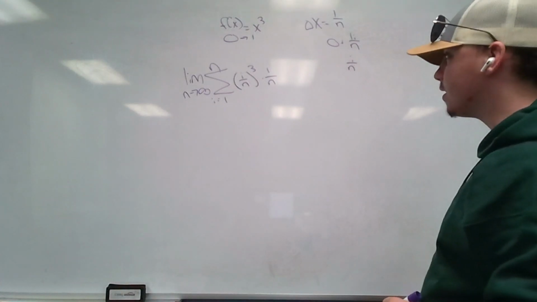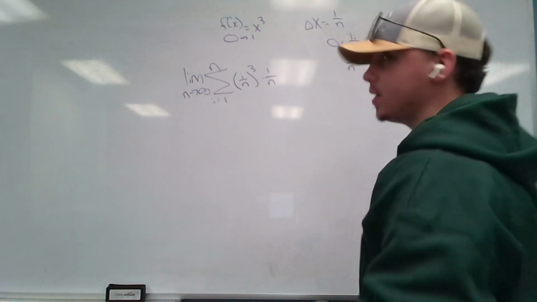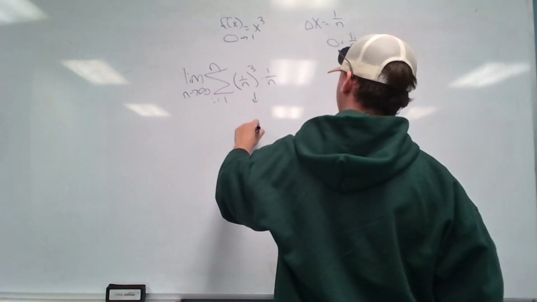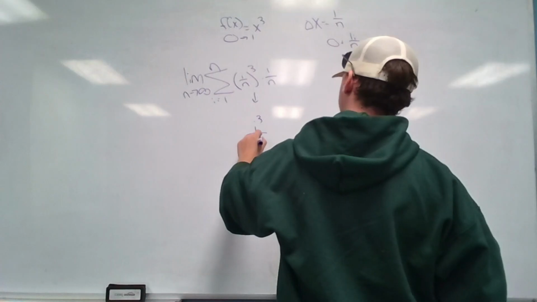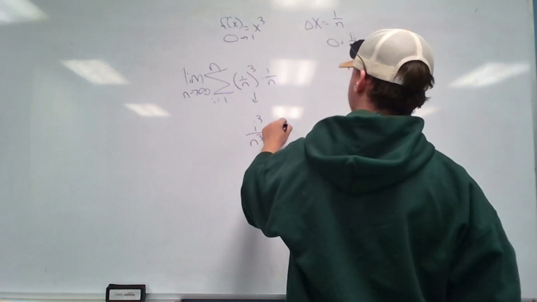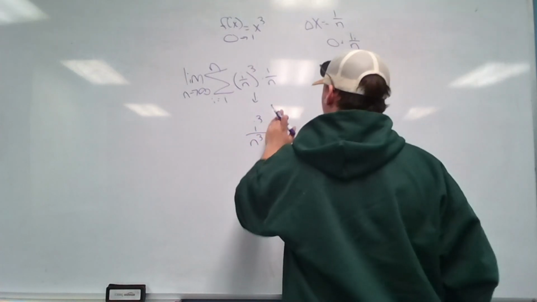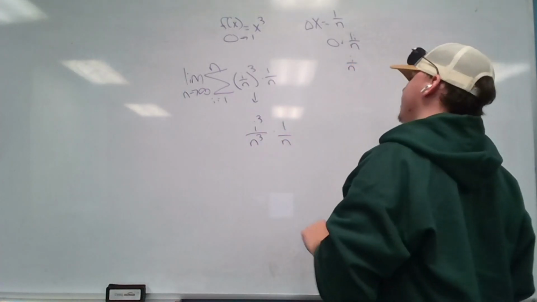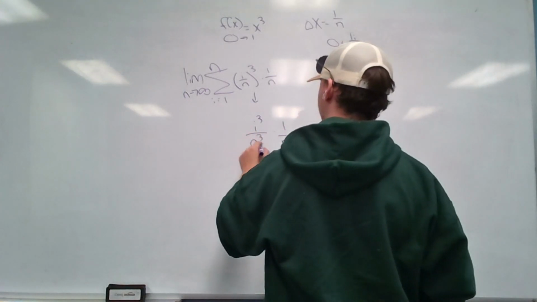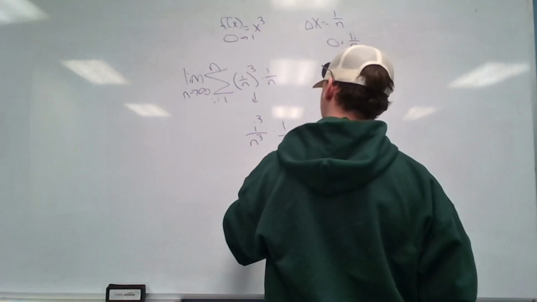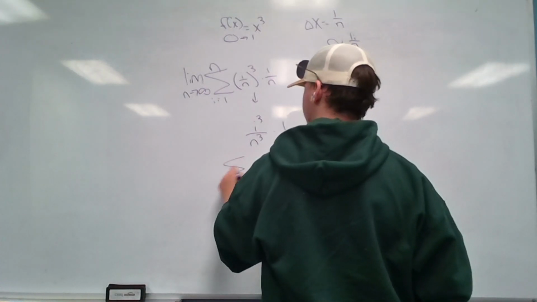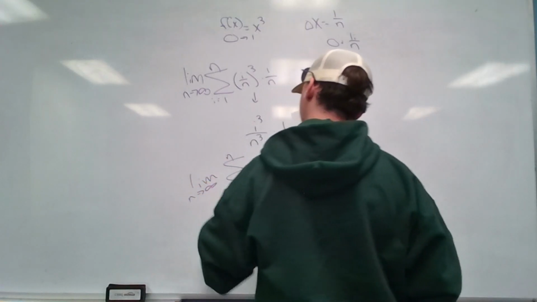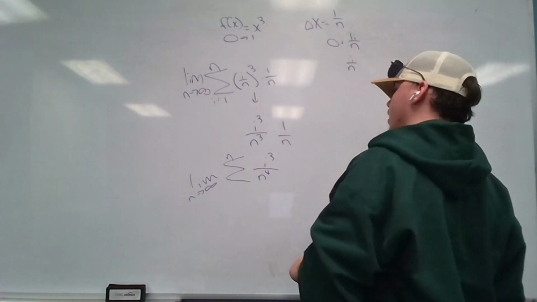Now, the tricky part is what we're about to learn: how to evaluate this. Remember back to the properties that I just explained. We can change the inner part to i cubed over n cubed times 1 over n. And then if we combine them, we get i cubed over n to the fourth. I just used a ton of space for that.